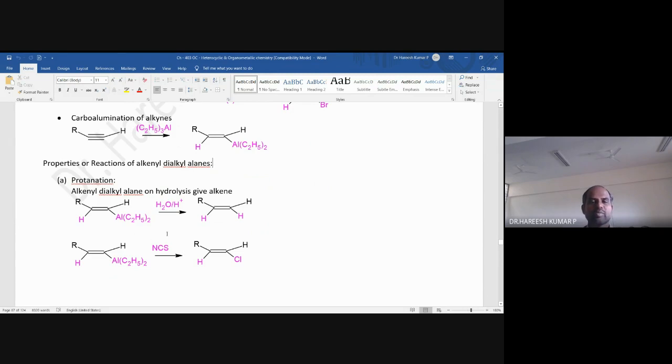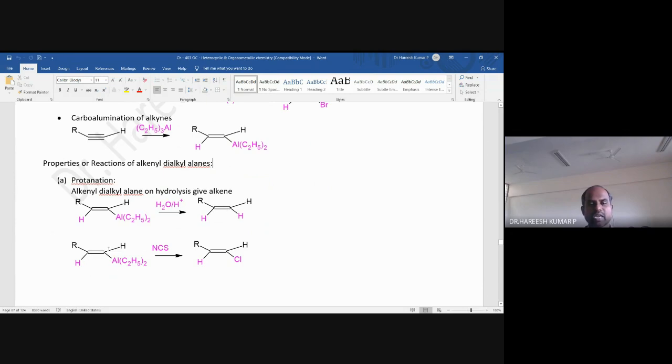Protonation means the alkynyl dialkyl alane is treated with a proton source. The proton source means hydronium ion, water in presence of H plus. So the aluminum group is replaced with H plus, and the obtained product is an alkene.